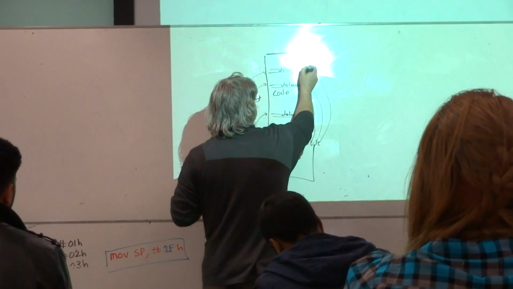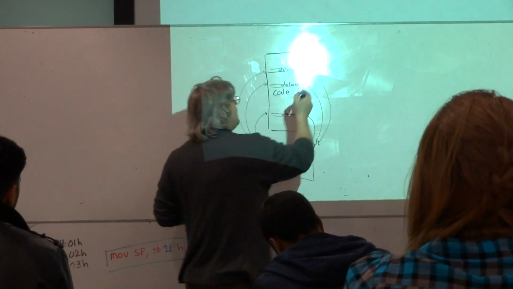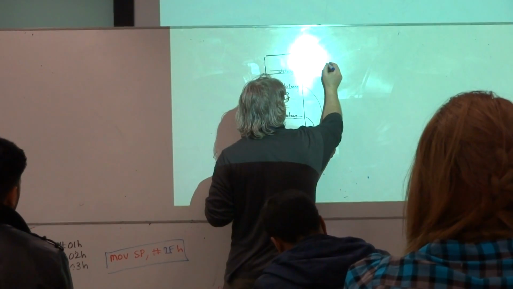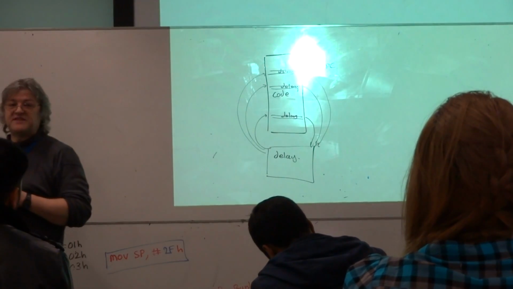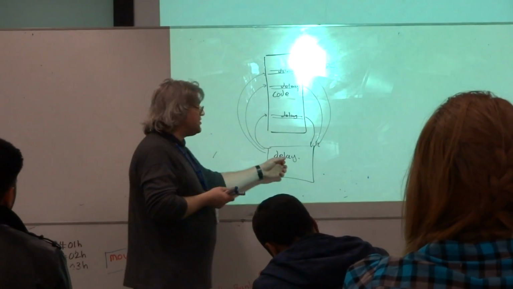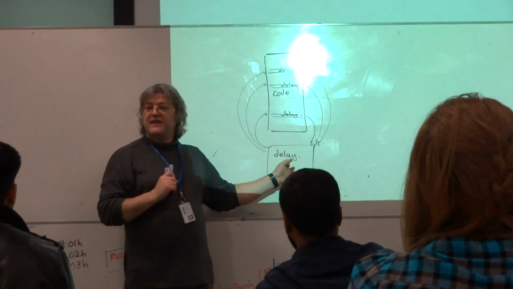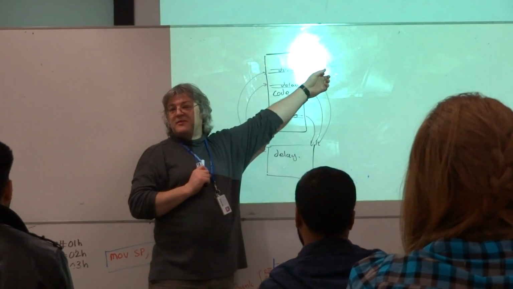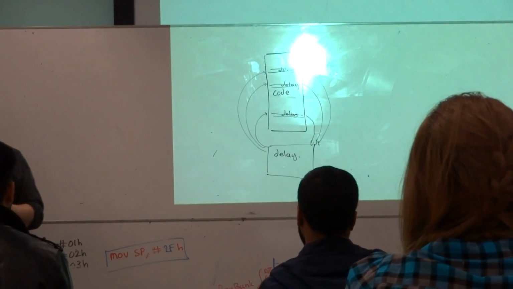So if we happen to be at this point here, just about to go into this delay routine, the program counter will be pointing to the next instruction. We could store the program counter on the stack, so that when we finish here, we go back to the stack, recover that address, stick it back in the program counter, and then the program will carry on from where it left off.